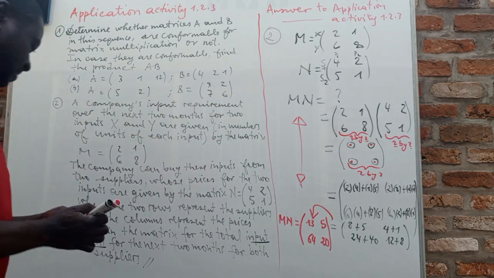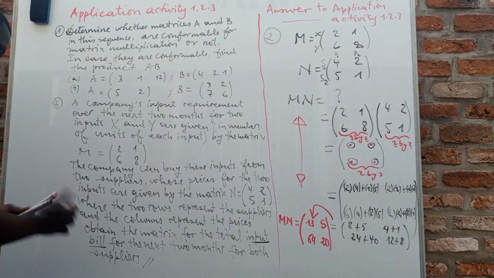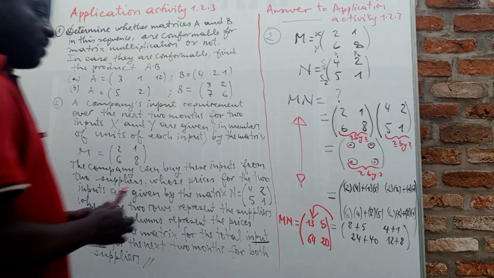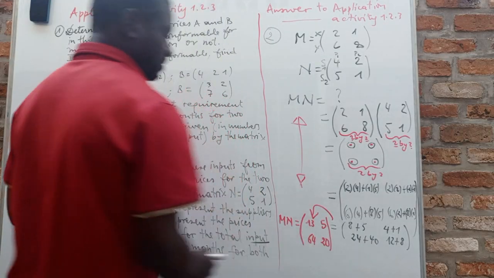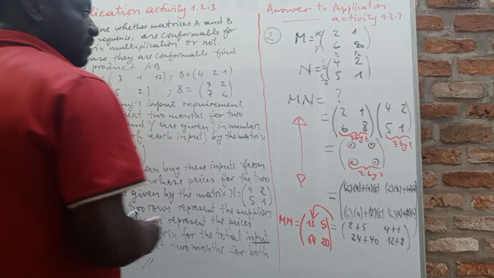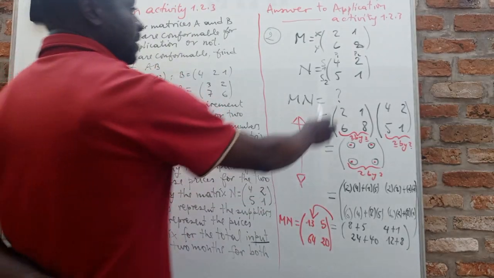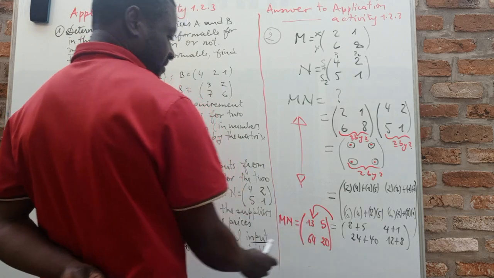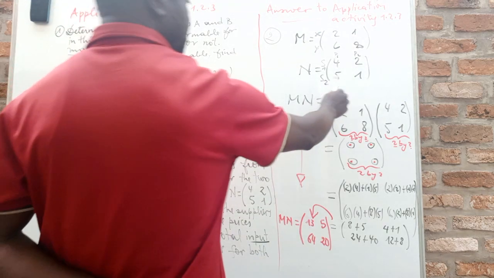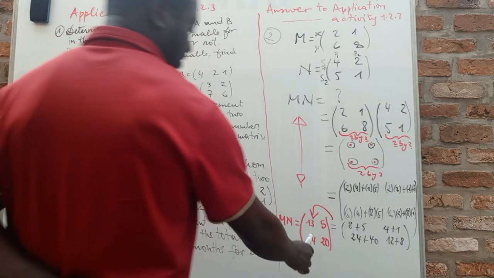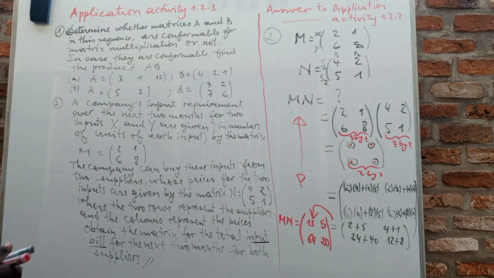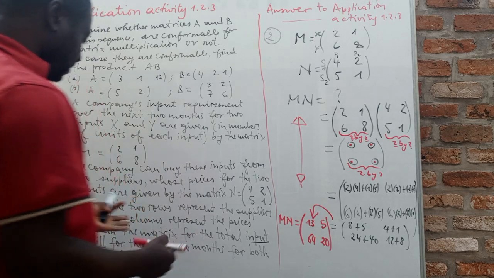This is the bill for the next 2 months for both suppliers. For the first supplier we have 13 and 5, and for the second supplier we have 64 and 20.